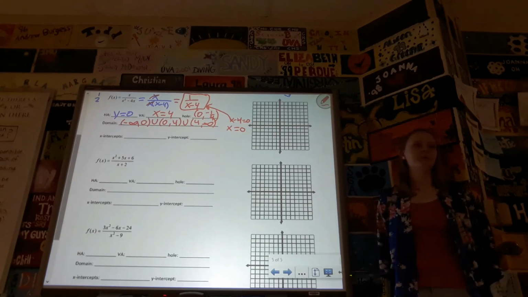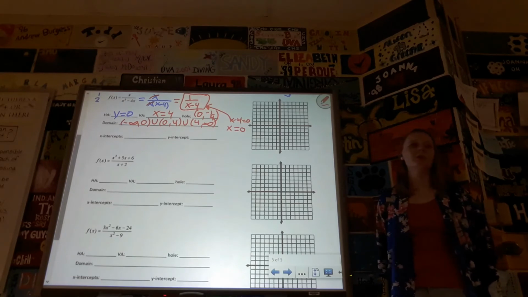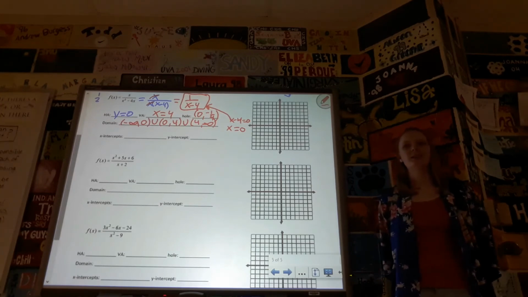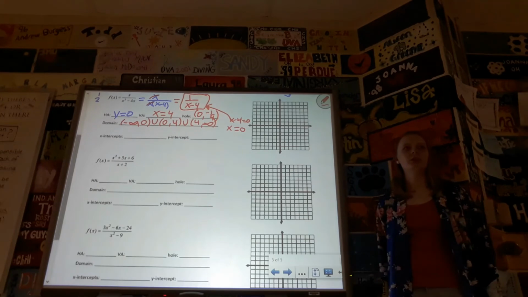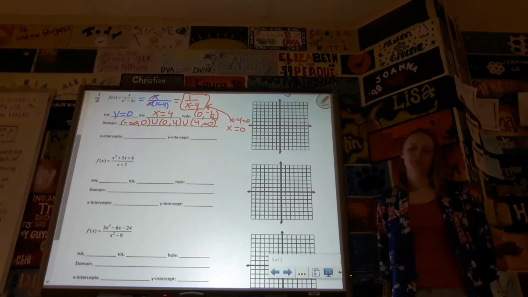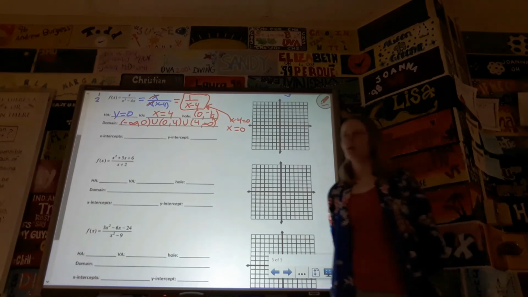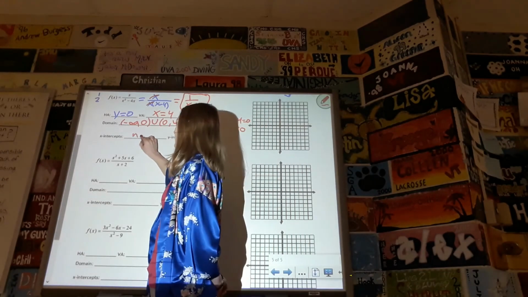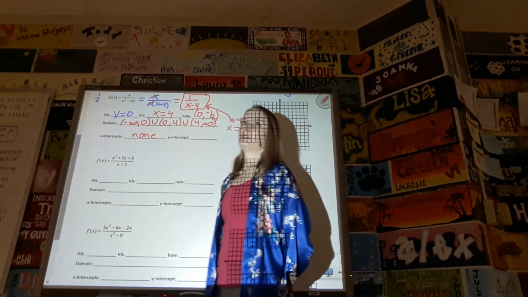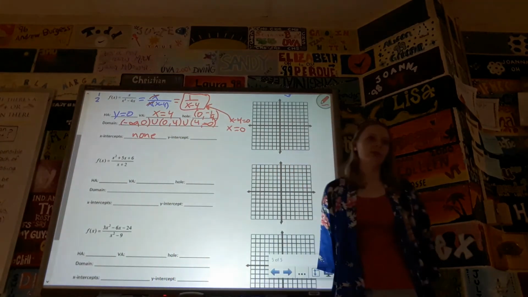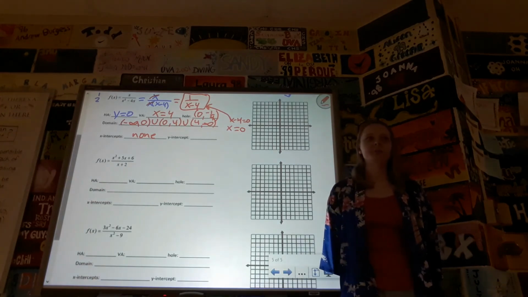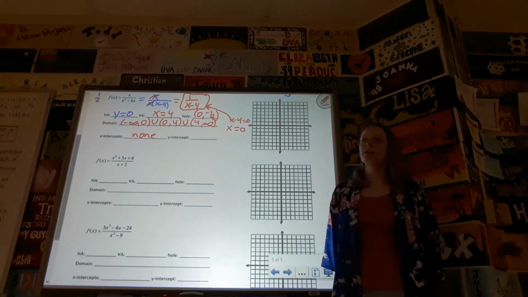What comes next? Okay, where do you look for those? You look in the numerator. What's in the numerator? Are there any x's to solve for? So what do you think that means? None. There are none. If there is no x, you can't say x equals 0, because there is no x to solve for. So there are none. What's next? And last before we graph?